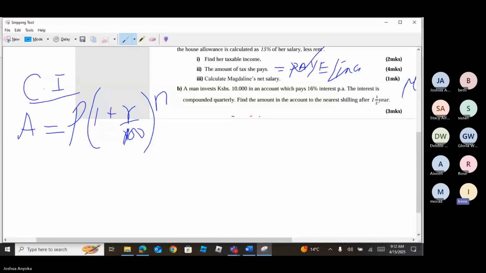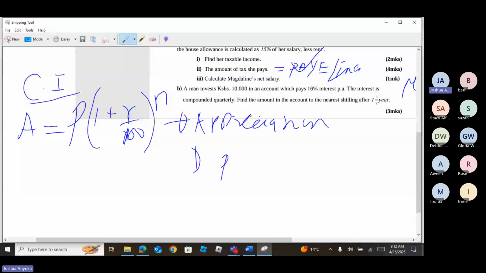This is the compound interest formula. And we use the same in appreciation. But for depreciation, we say principal times 1 minus R over 100. That's for depreciation. But for appreciation, it is the same formula.